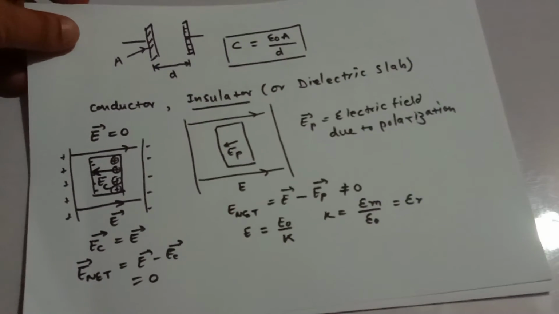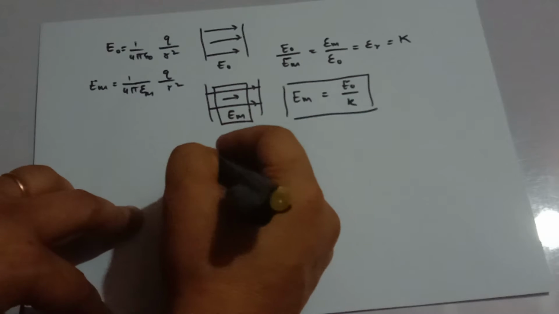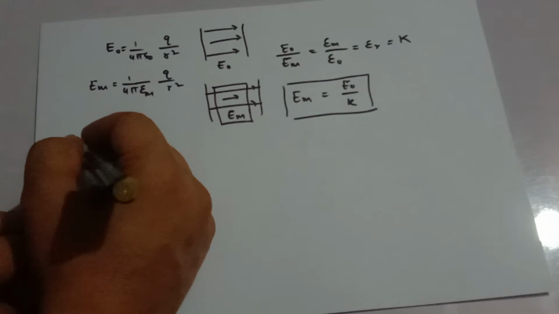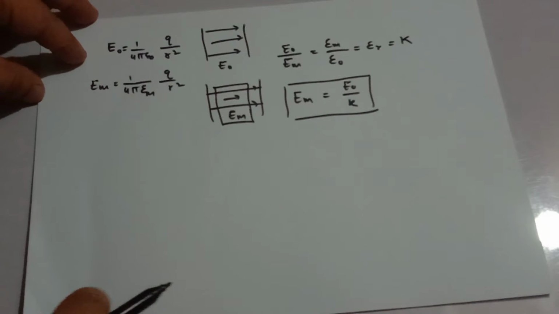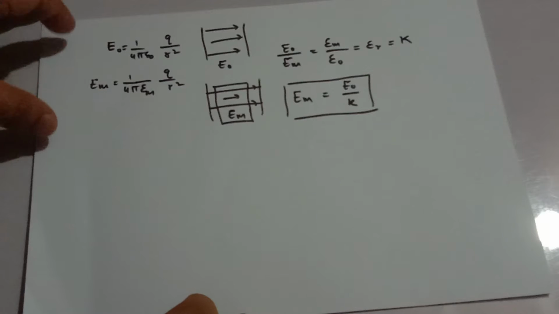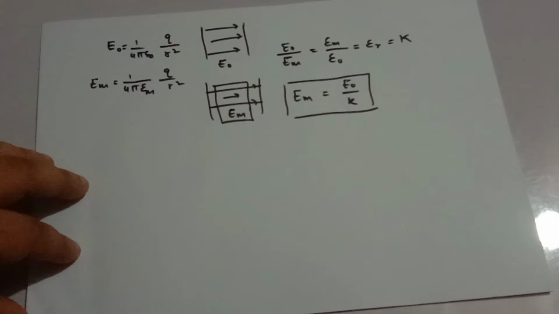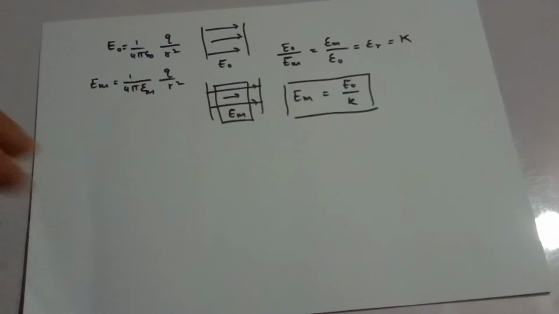So it means that suppose I keep a particular conductor inside the parallel plate capacitor, then I need to calculate the capacitance of the parallel plate capacitor having a conductor inside it. So I'm now calculating it.